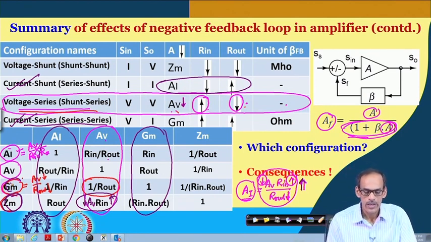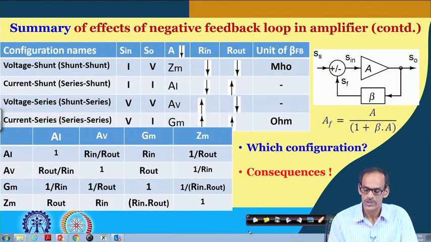So, I think this summary table is very useful to deploy the feedback configuration and deciding what configuration you are looking for to achieve some objective, and also it is giving us the information about the changes or consequences on the other parameters.